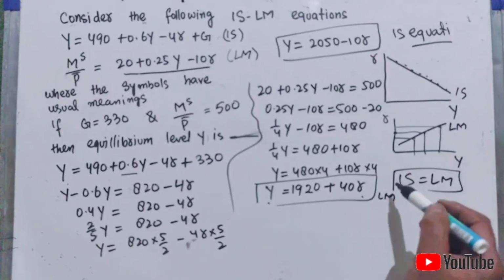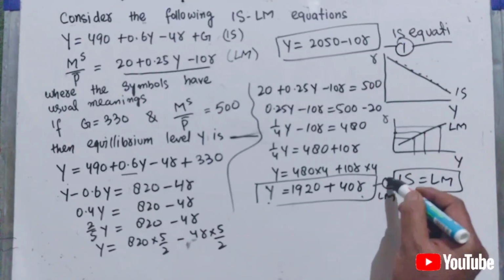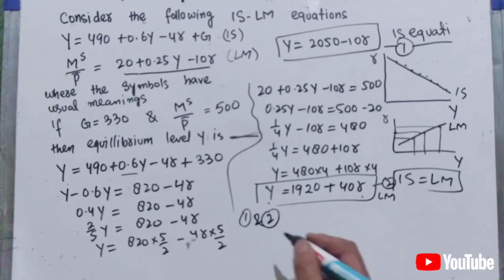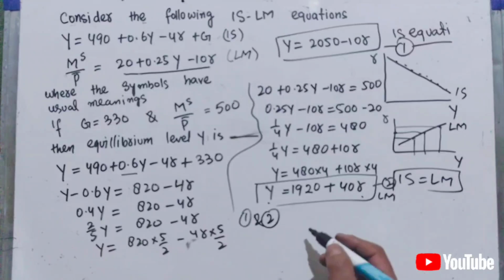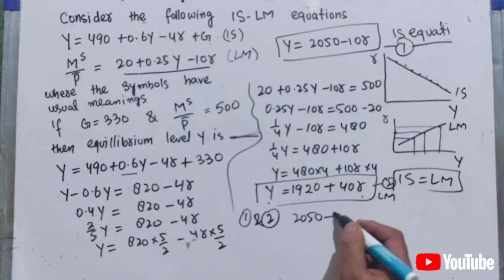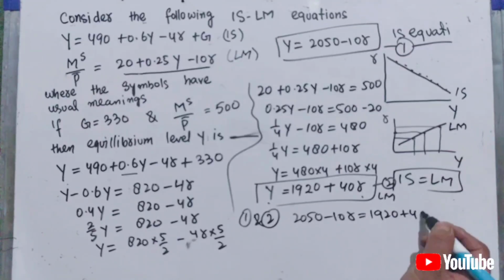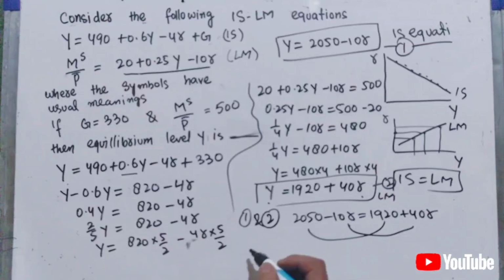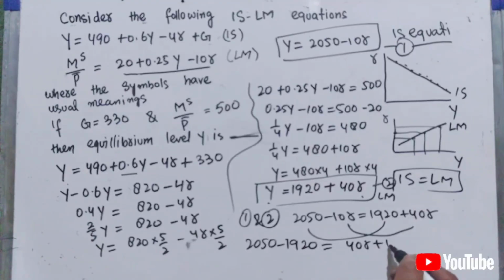This is our first equation, and this is the second equation. From equations first and second, since the LHS is the same, we can equate the RHS of both the equations. So we have 2050 minus 10r is equal to 1920 plus 40r. Transposing, we have 2050 minus 1920 is equal to 40r plus 10r.